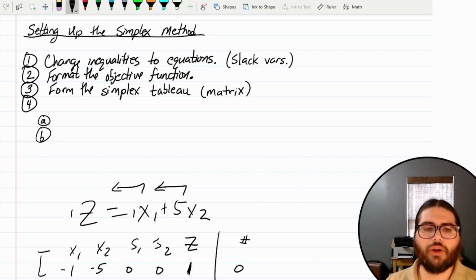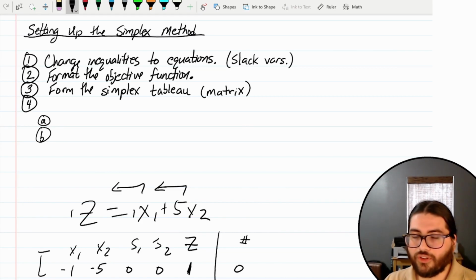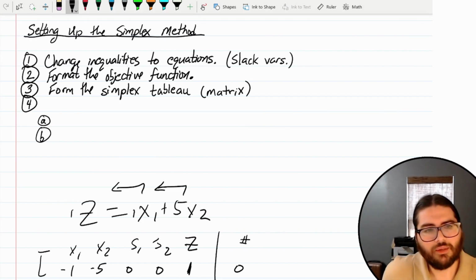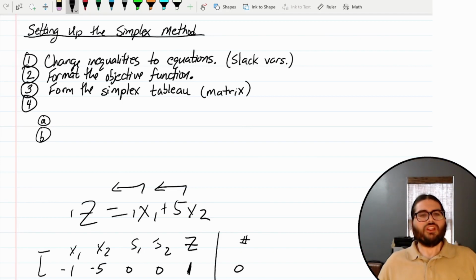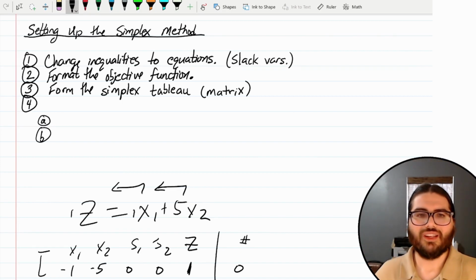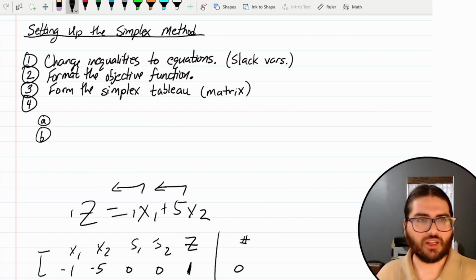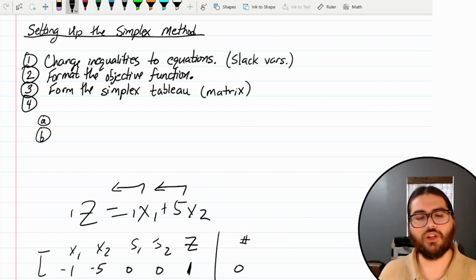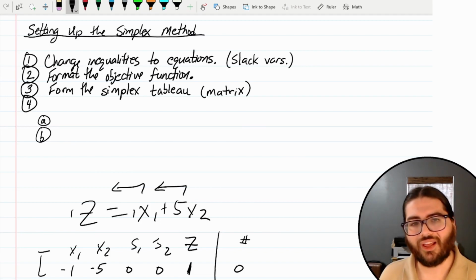So I want you to think about this as a big matrix. I'm going to say tableau in future videos, and I'm going to say tableau on your homework, right? Because a lot of times, seeing the inner workings of the matrix is a little bit much for a lot of people. There are a lot of theoretical details that the matrix is hiding from you.